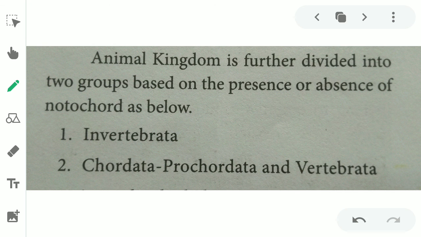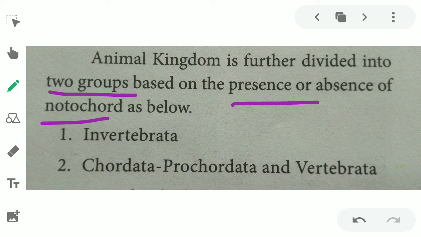Next, the animal kingdom is further divided into two groups. So far we saw that organisms are classified based on the level of organization, body symmetry, germ layer and nature of coelom. Now they are further divided into two groups based on the presence or absence of notochord.